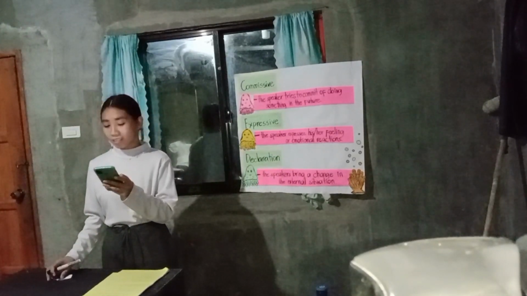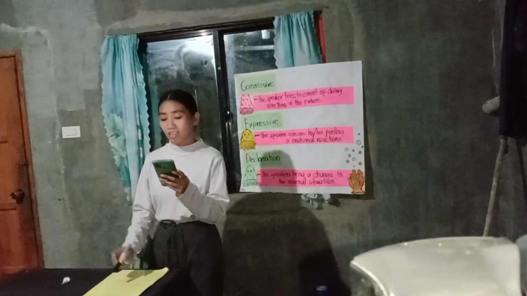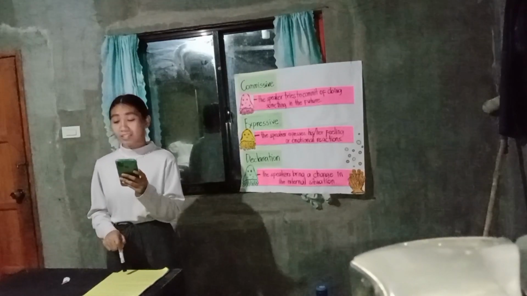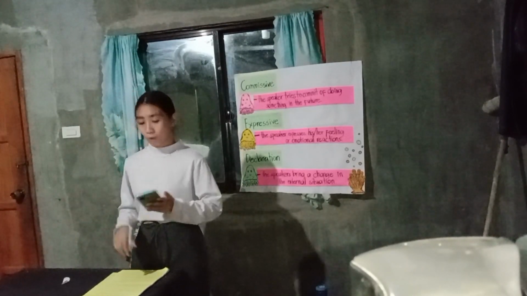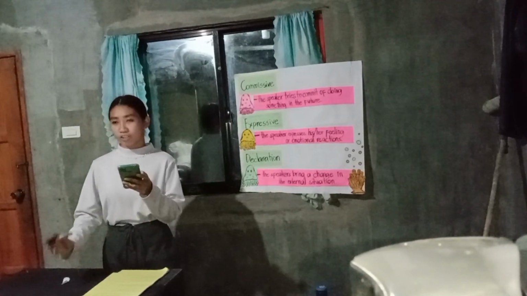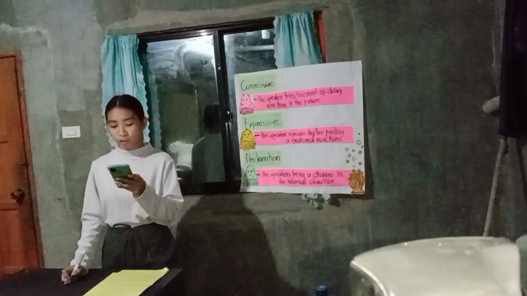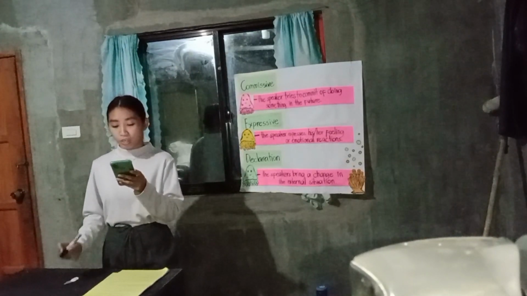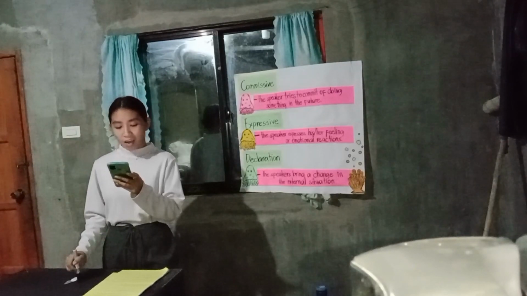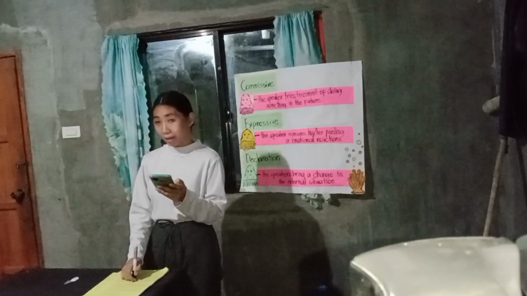So that is Enrique Gil's character, and the effect is he realized that what he did was wrong. And the question there is, suppose that you are in the same situation. How would you react, or what would be your reaction? And how will you respond to the utterance or to the statement?